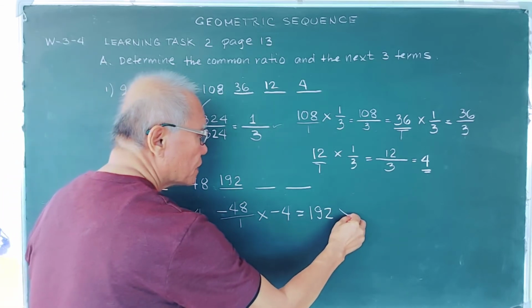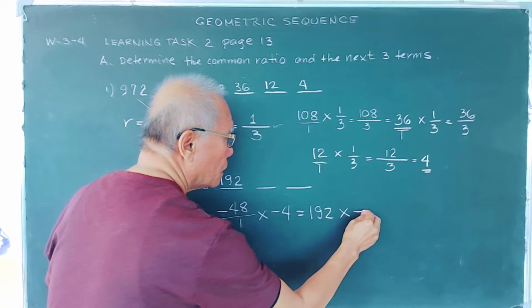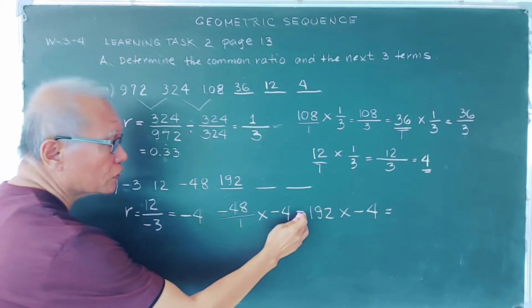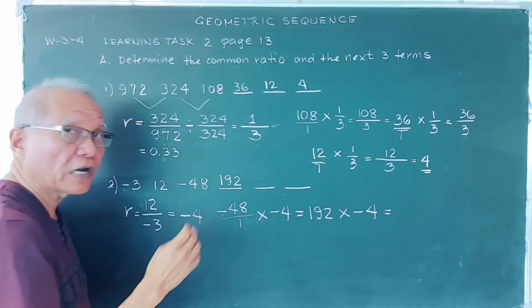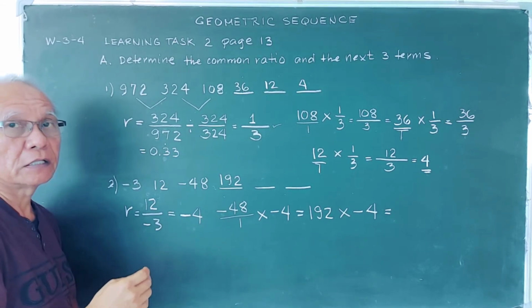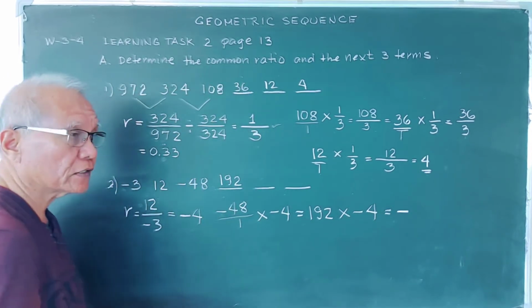O, ita-times ulit natin ng ratio na negative 4. Yung positive times negative, unlike signs in multiplication, the answer is negative. So, ito ay negative. Ilagay na agad yung symbol ng negative.